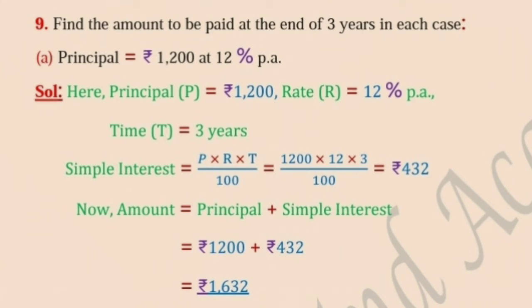Therefore, simple interest is equal to P into R into T upon 100, which is equal to 1200 into 12 into 3 upon 100. After simplifying this, we will get 432 rupees as simple interest. Now, amount is equal to principal plus simple interest, which is equal to 1200 rupees plus 432 rupees, which is equal to 1632 rupees. It's clear?